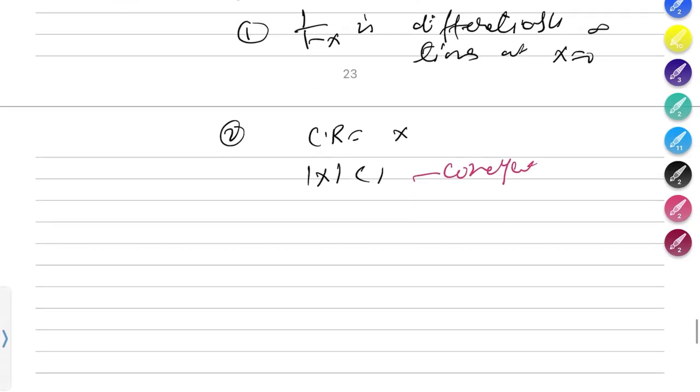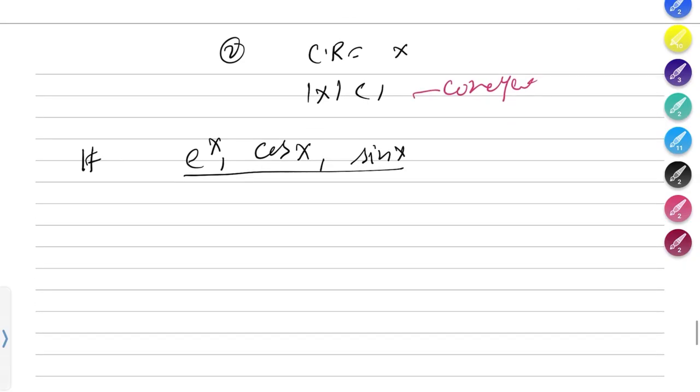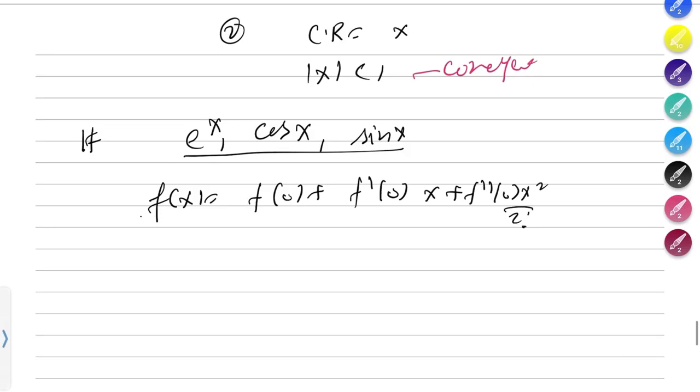Now in the same way, there are three very key functions we use here: e to the power x, cos x and sin x. We'll see the expansion of these three. We will use the formula we discussed: f(0) plus f dash 0 x plus f double dash 0 x square upon 2 factorial plus f triple dash 0 x cube upon 3 factorial up to infinite.